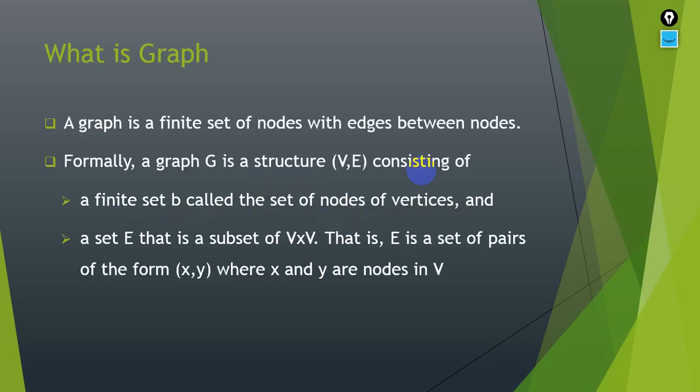What is a graph? A graph is a finite set of nodes with edges between nodes.